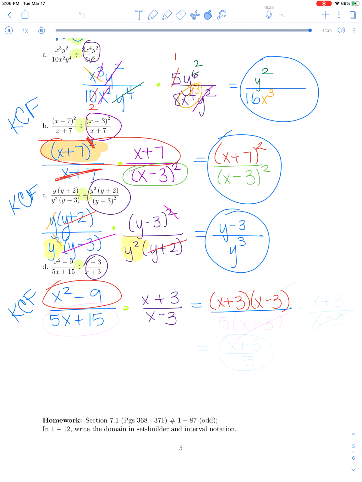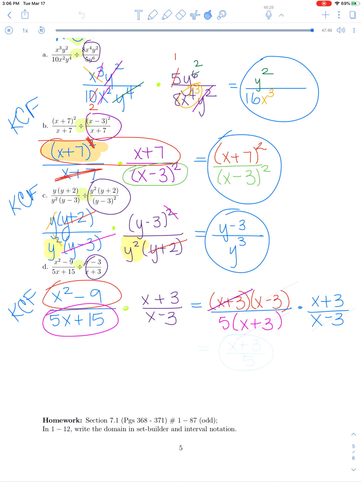We've got a common factor of 5, which, if factored out, will leave you with also an x plus 3. Don't forget, we can't ignore that second fraction. Even though it can't be factored, we still have an x plus 3 and an x minus 3 on our second fraction.